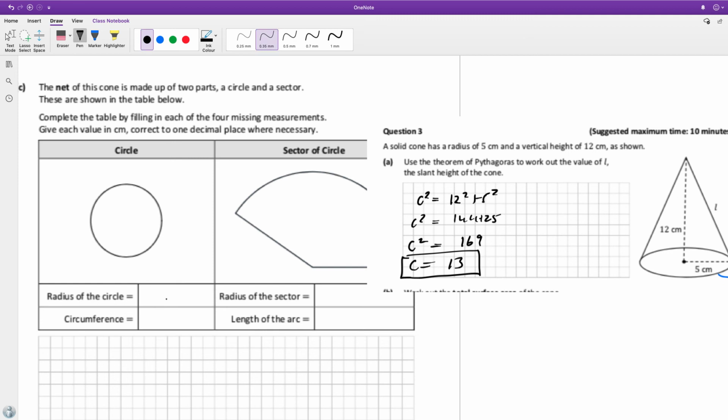Radius of the circle is? Right. How are we going to do that? Right, what's that then? Right, off you go, give me an answer.